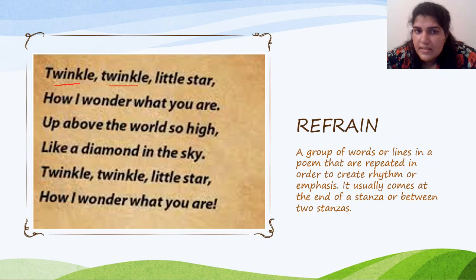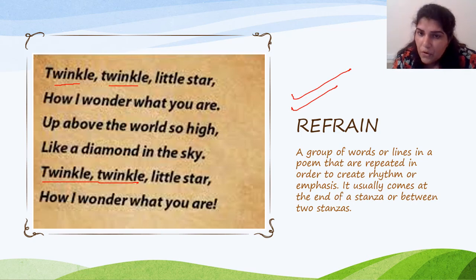A child is singing these lines, right? So "twinkle, twinkle" is repeated twice here. The figure of speech used in this type of writing is refrain, which is used to create rhythm or emphasis. It usually comes at the end of a stanza or between two stanzas. So this is one example of refrain.